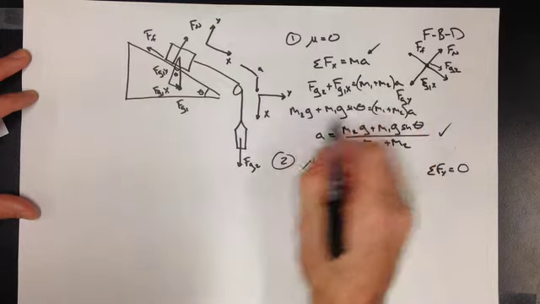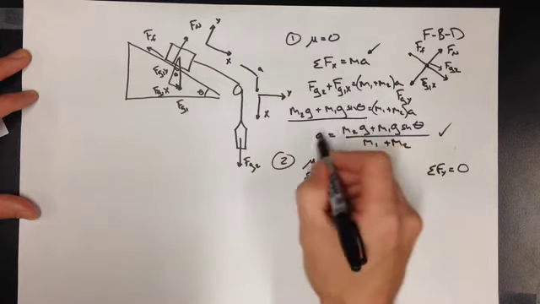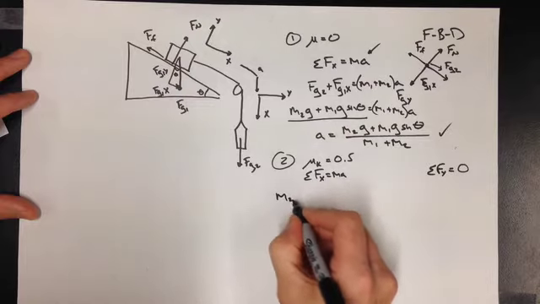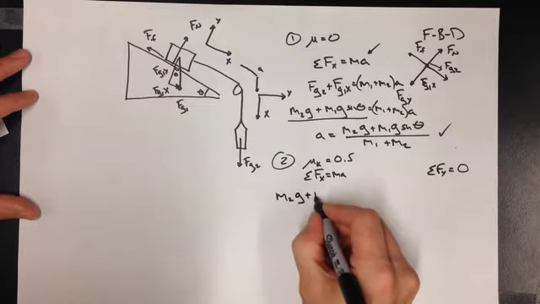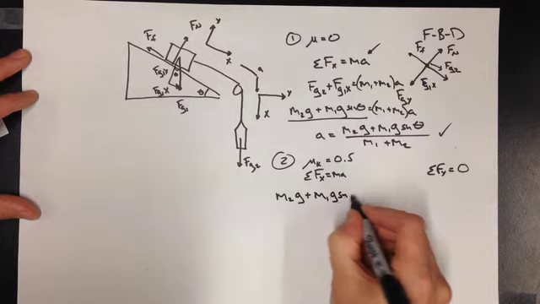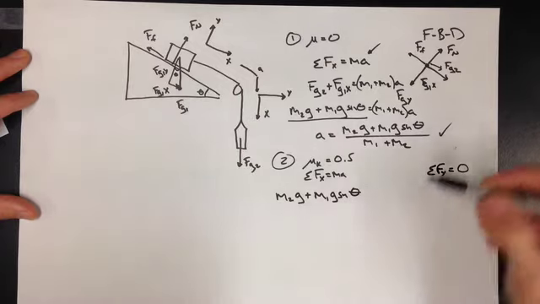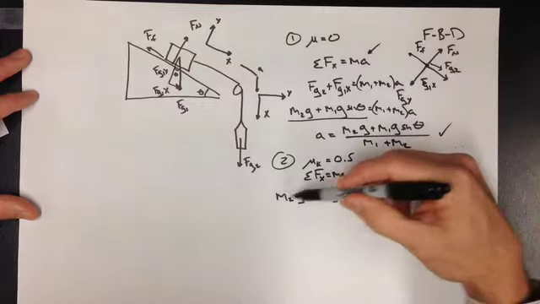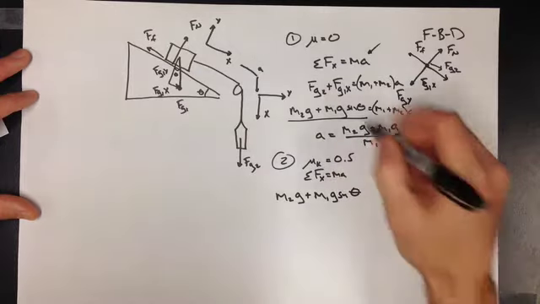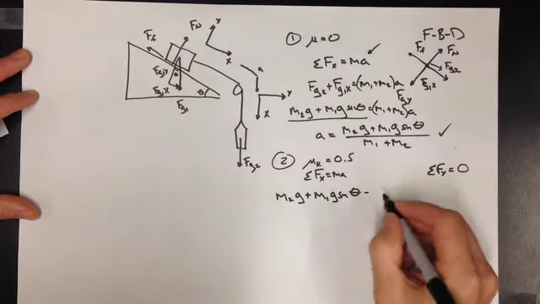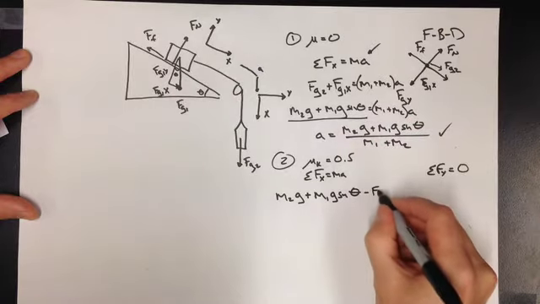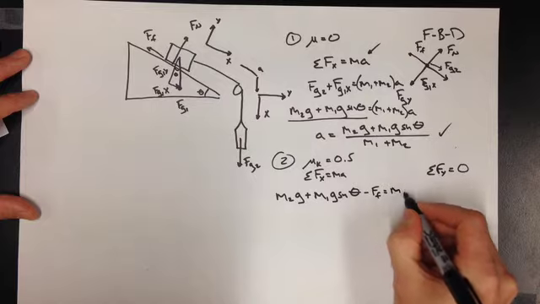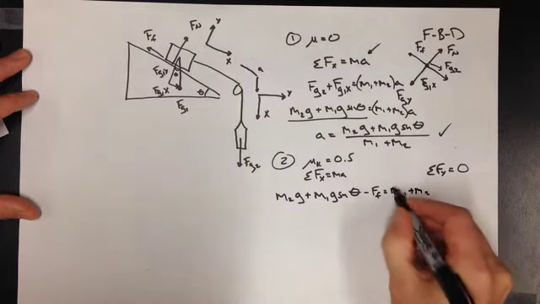I'm going to capture this part and pull it down, and I end up with m2g plus m1g sine theta. The reason I can do that is this represents Fg1x, it's still down, and Fg2 still down, and now I have to include my negative Ff, minus Ff, so this is in the upward direction, is equal to now my m1 plus m2 times a.